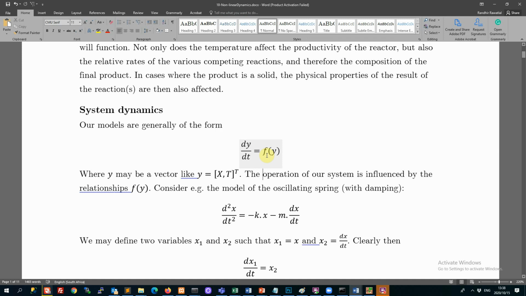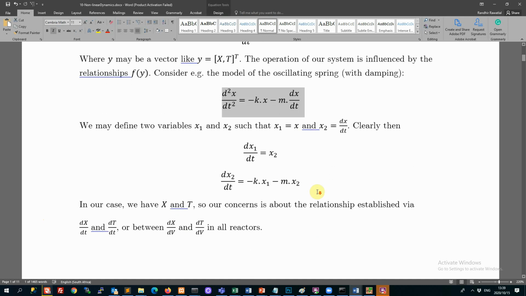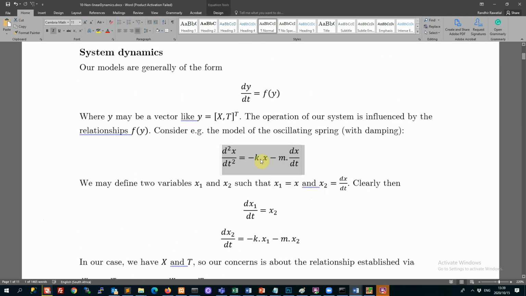And to start considering these possibilities of steady states, let's go back to one of the simpler models that we've been working with. So if you take a simple example from physics, if you have an oscillating spring, you will have found that the model that describes the spring is this.